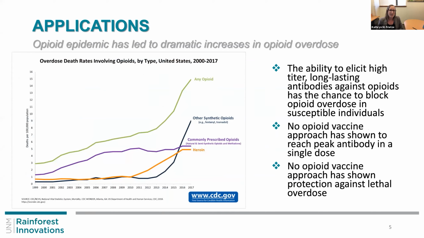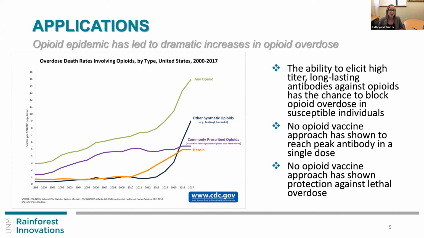Going along with that, as I mentioned, we all know the opioid epidemic is a really big problem. This graph here from the CDC is just showing the extent of the problem: over the past approximately 10 years, we've really seen a huge increase in the number of overdose deaths caused by opioids.